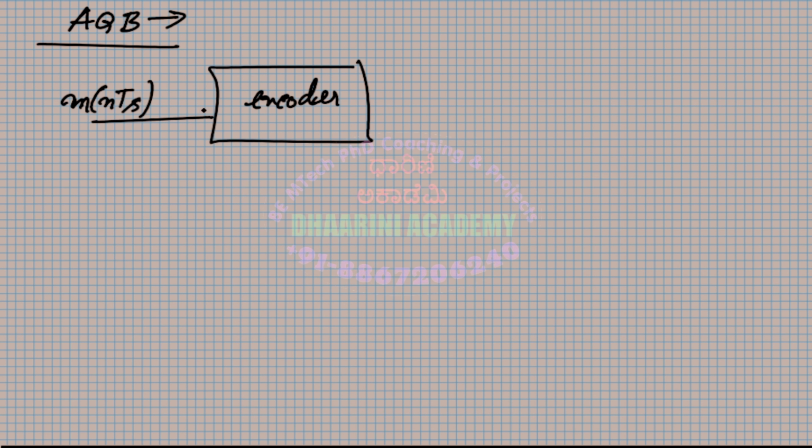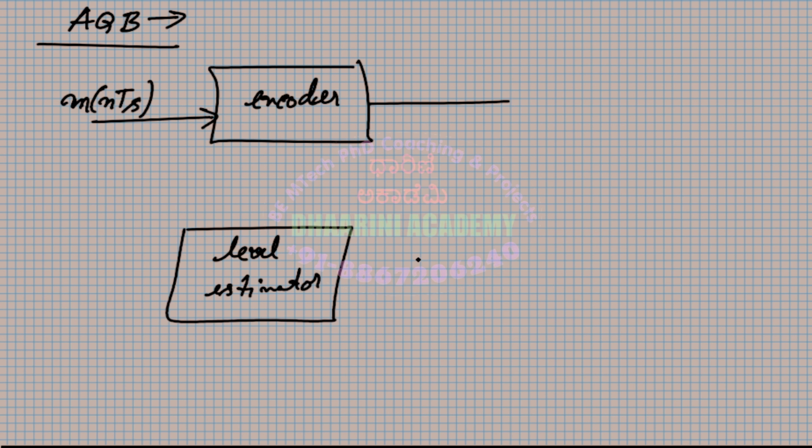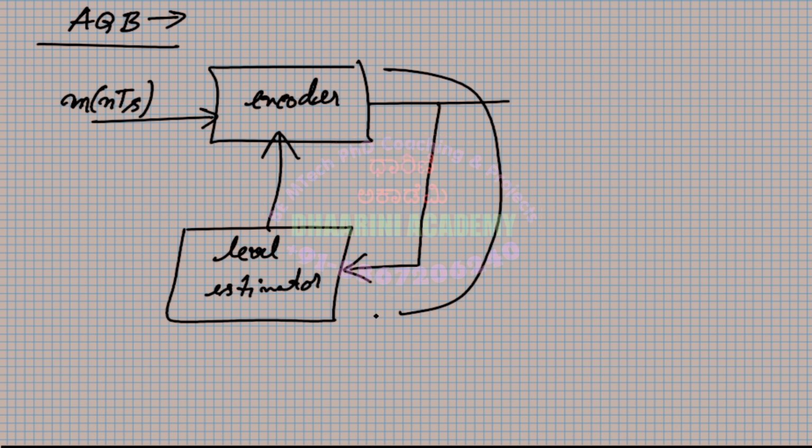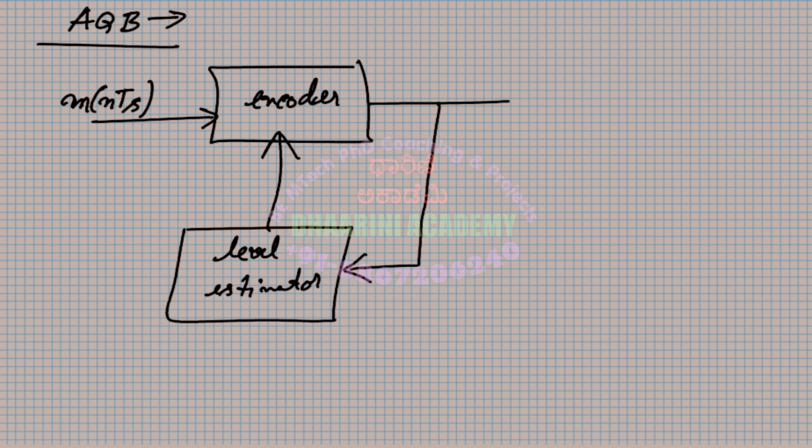Now the encoder's output will be given to the level estimator. It's not forward, you see, it is reverse. From the output, I will take a part and give it to the estimator. That will give an input to this. So it's backward. You see, the direction is going backwards. I hope that is clear.